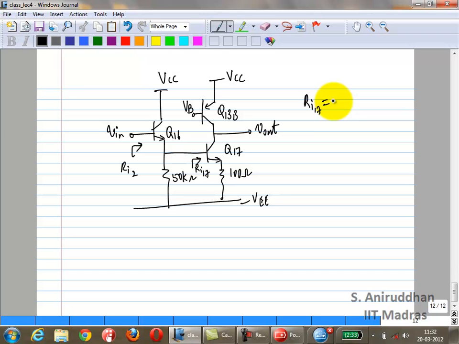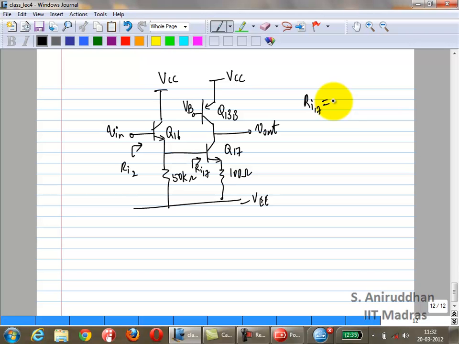It is just beta of the transistor, right? Okay. So you're telling me it is beta of the transistor times 100 ohms. Is that right? Exactly. Right? You're going to get beta naught plus 1 times 100 plus R pi. That will be the input impedance.